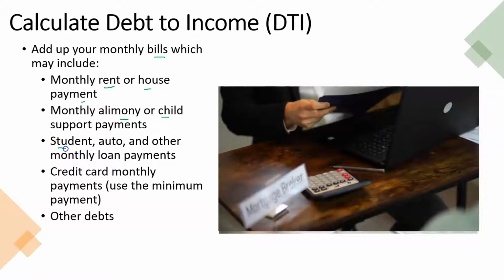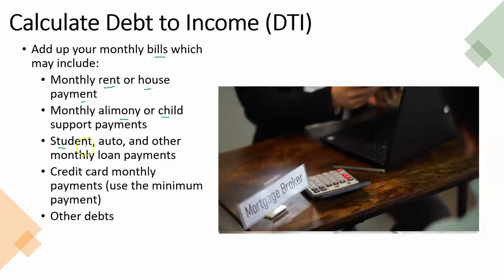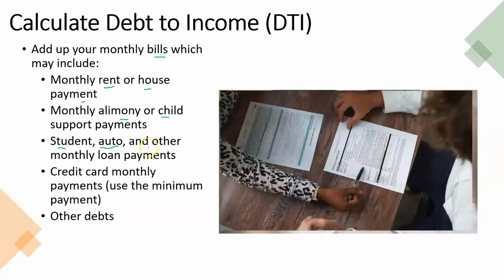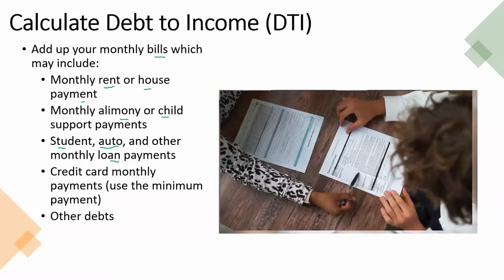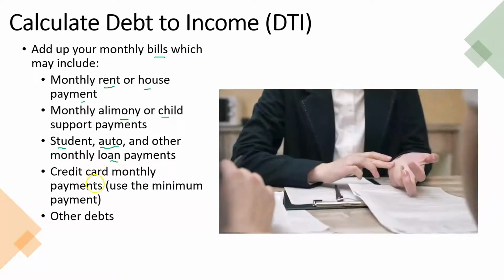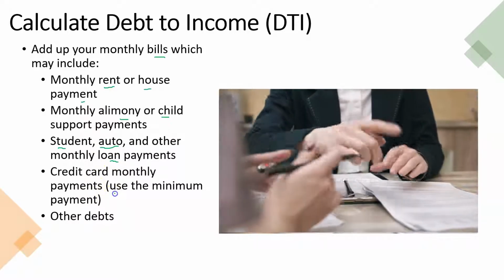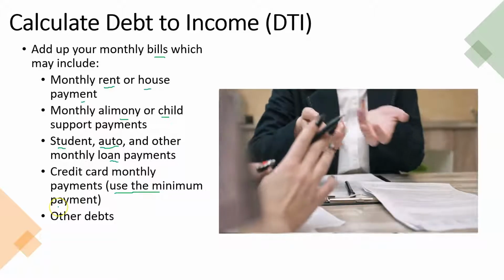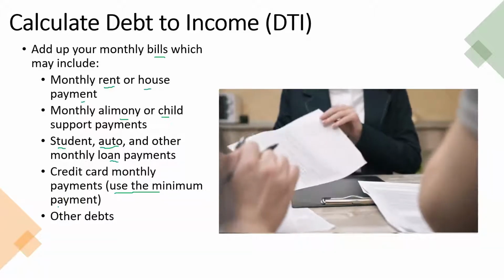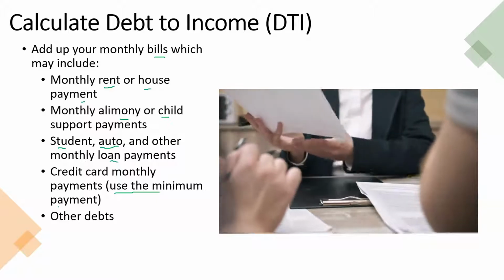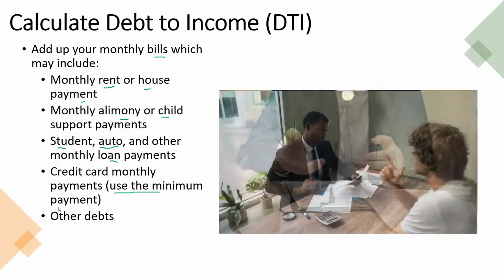Then that is a student loan, that makes sense as debt. Auto loan would make sense. Other monthly loan payments, obviously any loan payment would be generally debt. And then they have credit card monthly payments, and these instructions are saying, use the minimum payment. So that's another question you could have, because obviously if you're paying off the credit card, you could pay off however much you want.